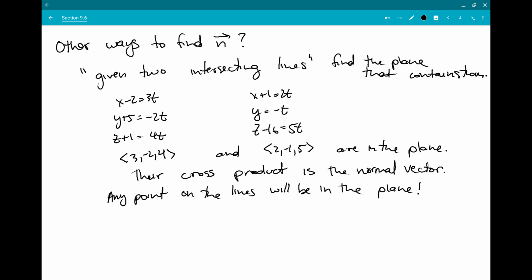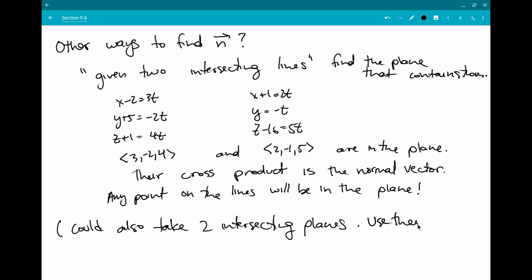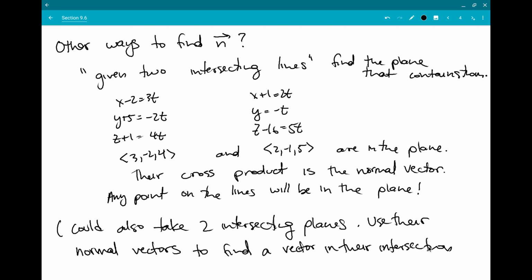We can even do kind of like the backwards scenario. Maybe if you were given 2 planes that intersect, then use their normal vectors to find a vector in their intersection using cross products.